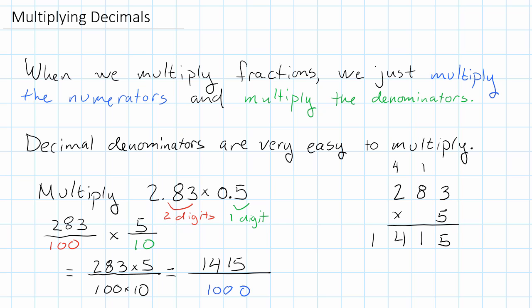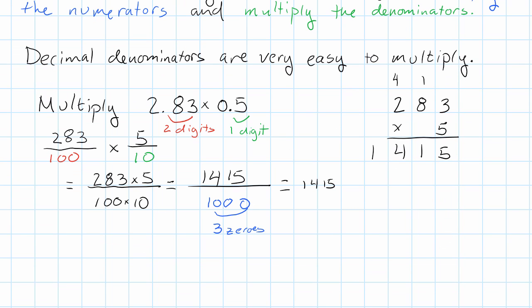Looking at this product, well, we've got just the digits 1415, 3 zeros in the denominator, means 3 digits after the decimal point. This works out to 1.415.